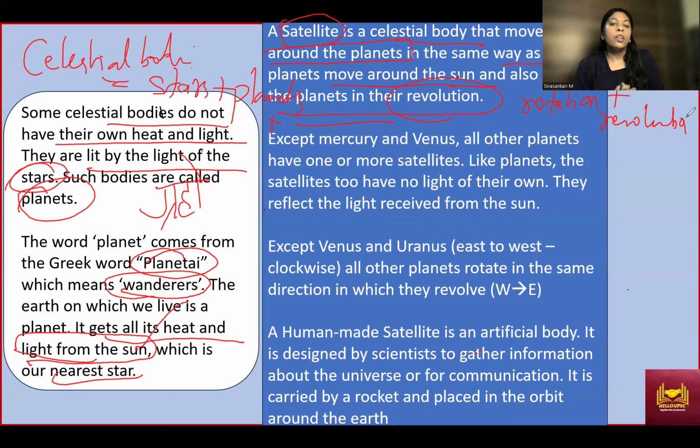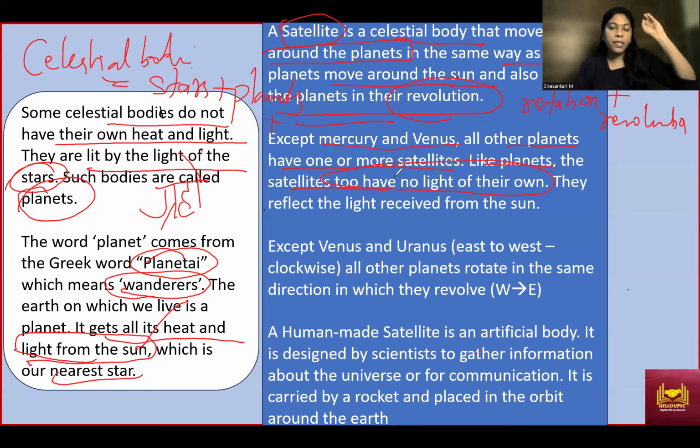So it will rotate, move around the Earth, and move around the sun. Imagine, that way a satellite is moving. Except Mercury and Venus, all planets have one or more satellites.